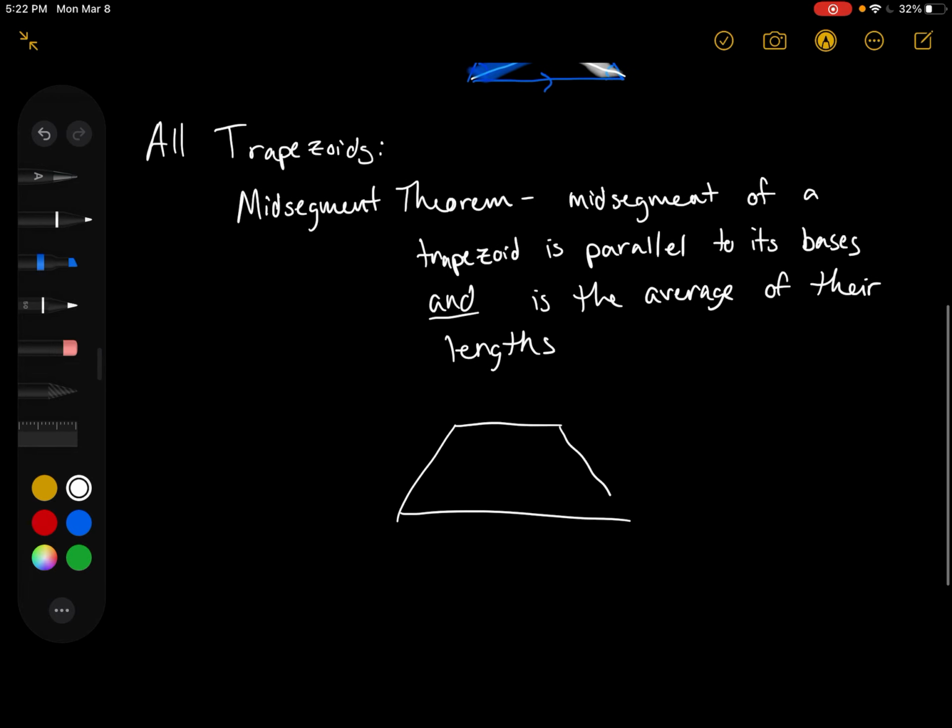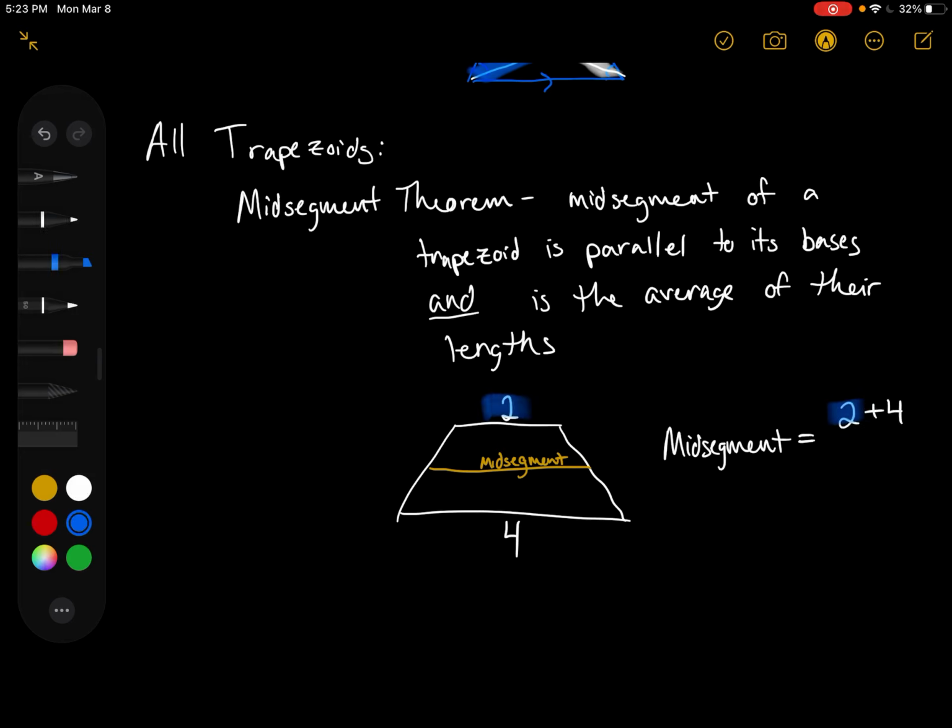So for example, another trapezoid, the mid-segment is the segment that's in the mid, or in the middle. So this guy right here in yellow is the mid-segment. If the base on top is 2, and the base on the bottom is 4, how we find the mid-segment is we add the bases.